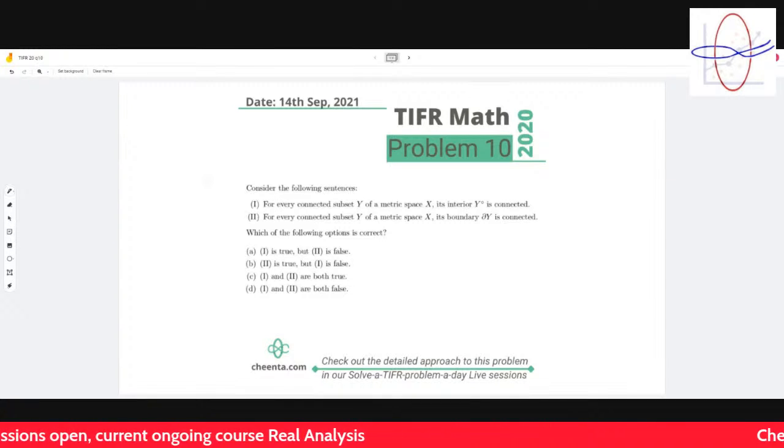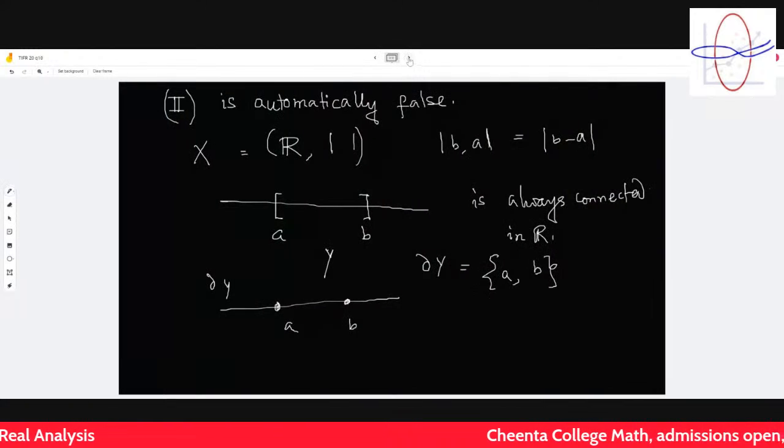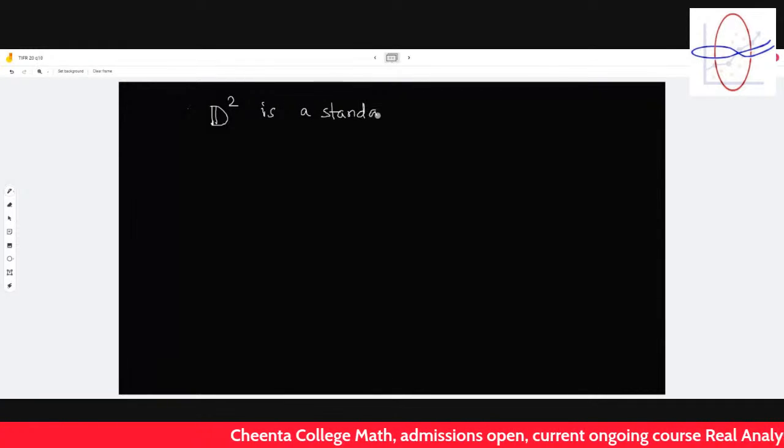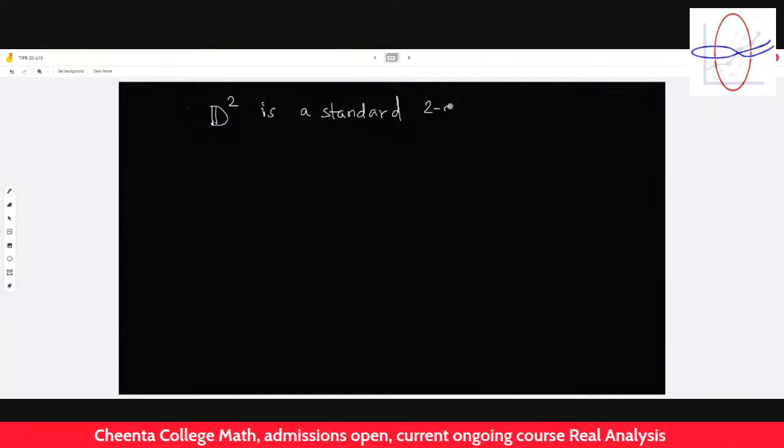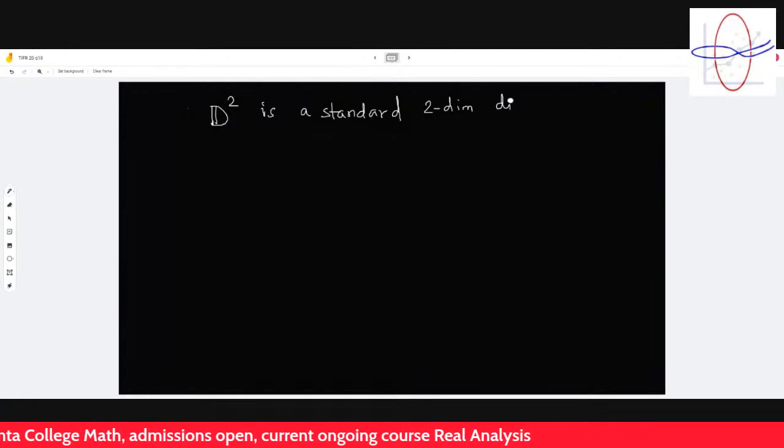Okay, fine. So the first one is a little bit trickier. For the second one we had the boundary, now we have the interior. So suppose you take D2, a standard two-dimensional disk.